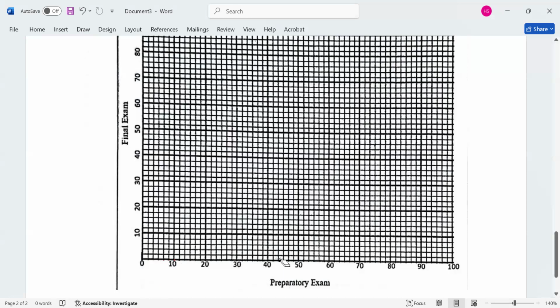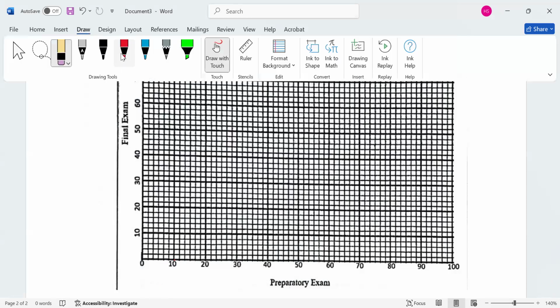Okay, let's go as 50, so we'll say 52, 54, 56. So 55 is in between, 55 and 57.